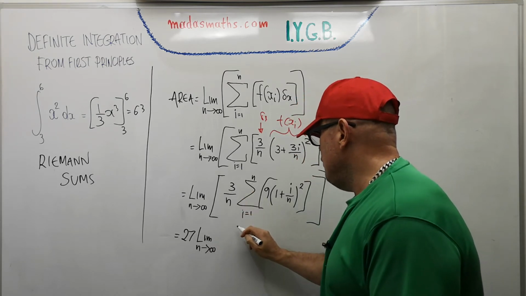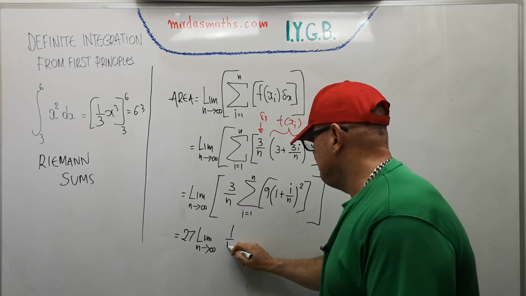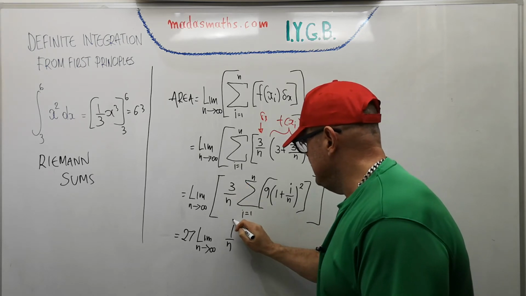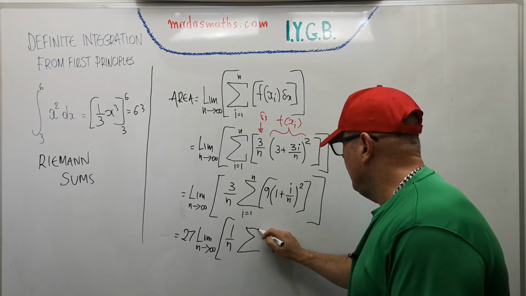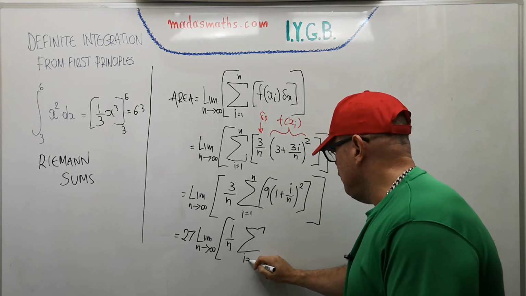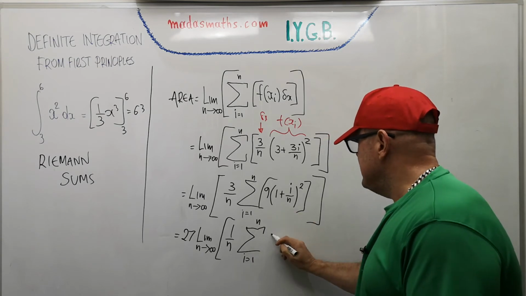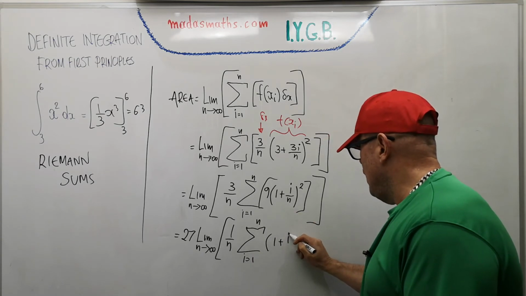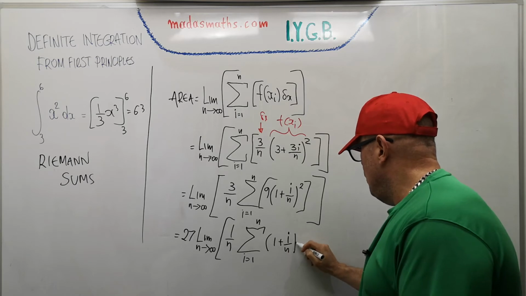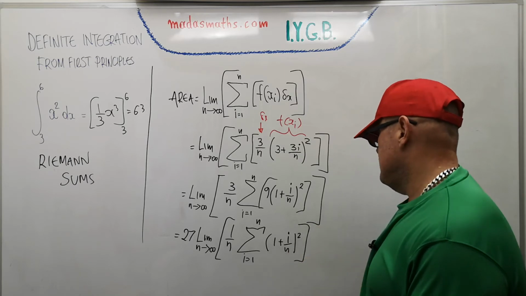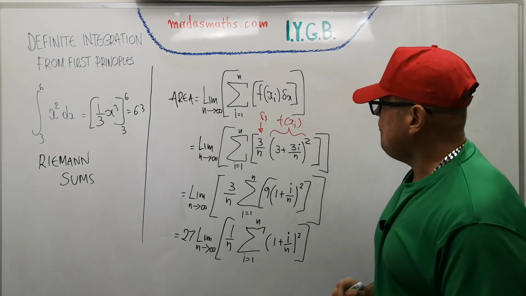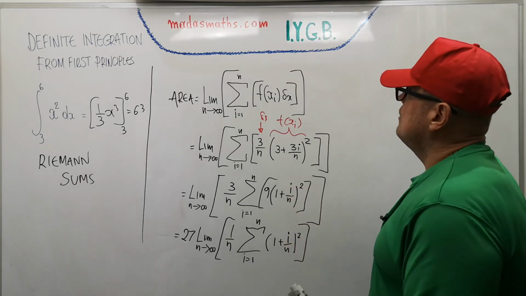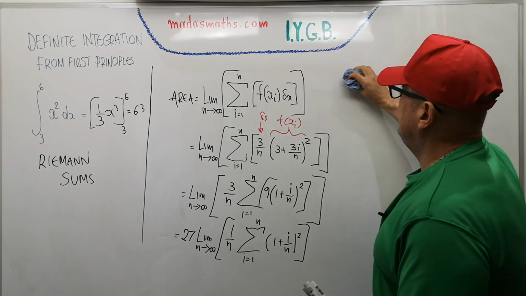I still have the 1 over n inside my limit from this quantity here, and inside the sigma operator, from i equal to 1 to n, I have simply 1 plus i over n all squared. Close sigma and close limit.